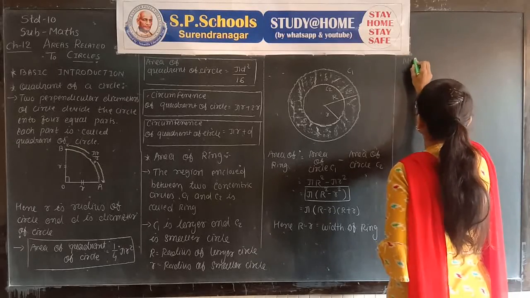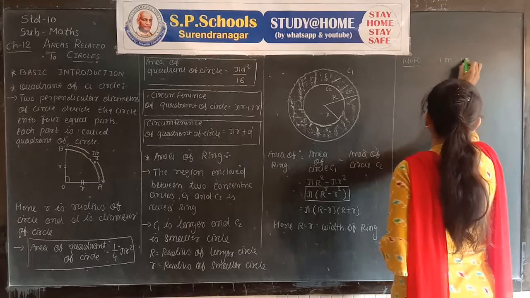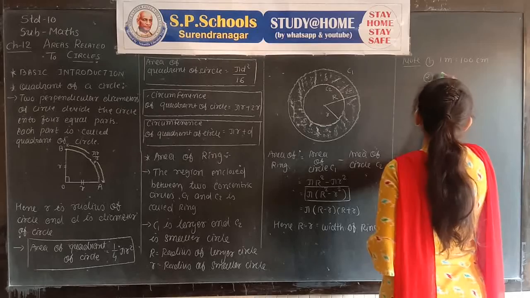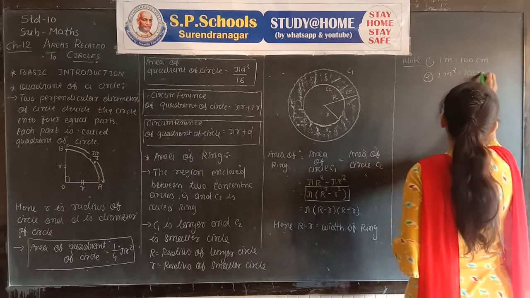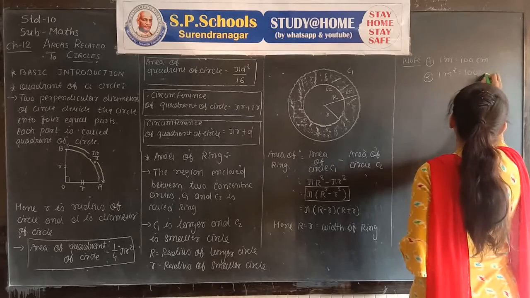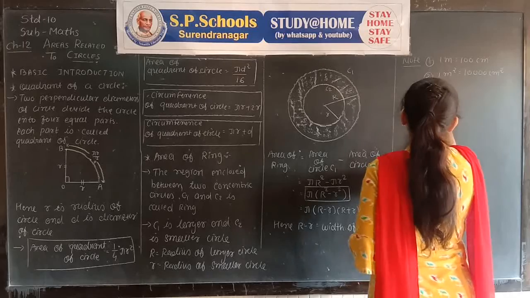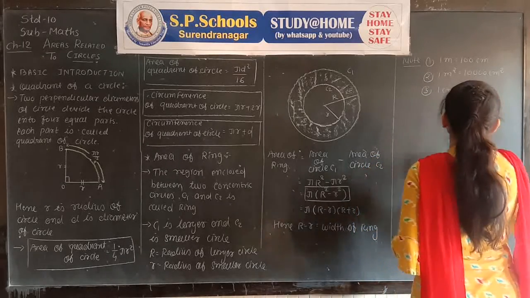Now keep in mind the relation: 1 meter is equal to 100 centimeters. 1 meter square is equal to 10,000 centimeter square. 1 centimeter is equal to 10 mm.